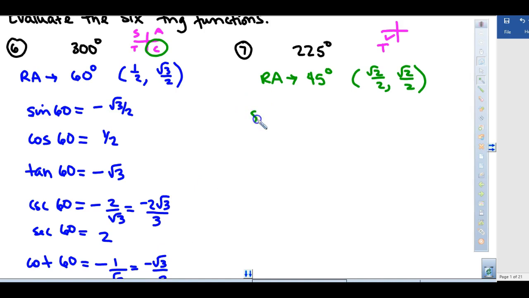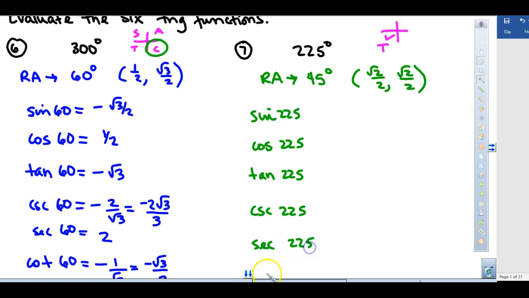So we'll write our little list. Okay, and tangent's the only one that's positive. That means sine, cosine, cosecant, and secant will be negative.